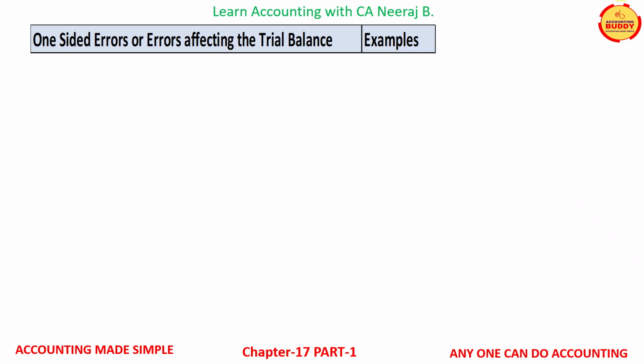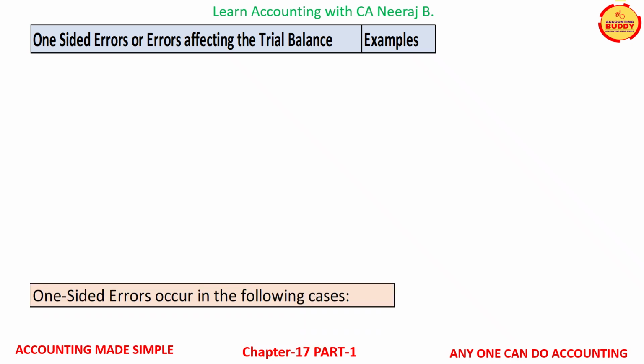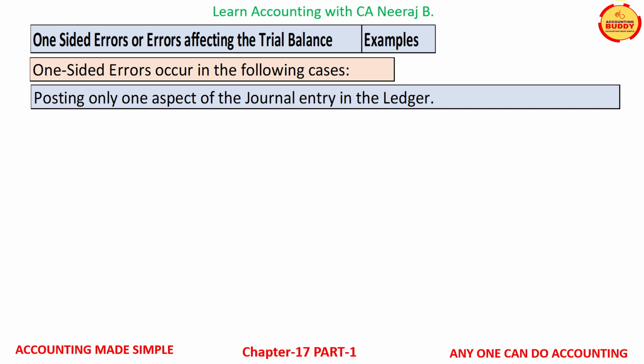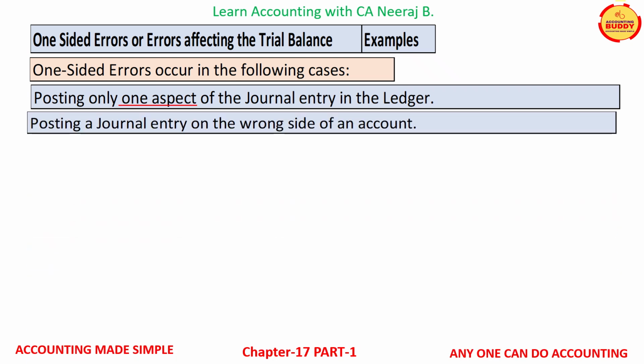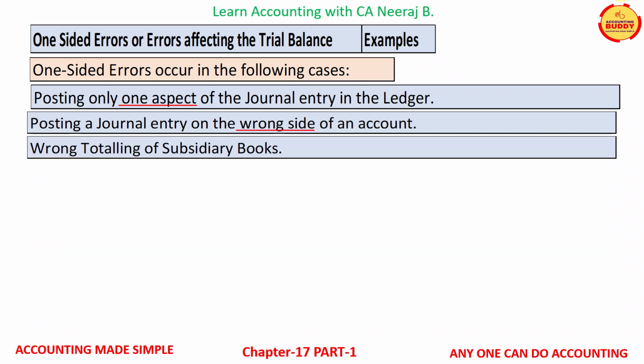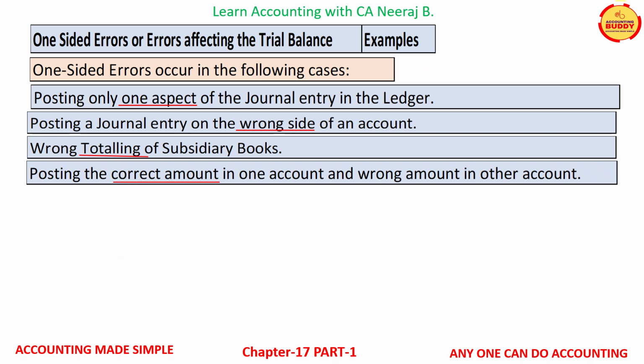Let us understand some more one-sided errors. They may occur in the following cases. Posting only one aspect of the journal entry in the ledger. Posting a journal entry on the wrong side of an account. Wrong totaling of the subsidiary book. Posting the correct amount in one account and wrong amount in other account.